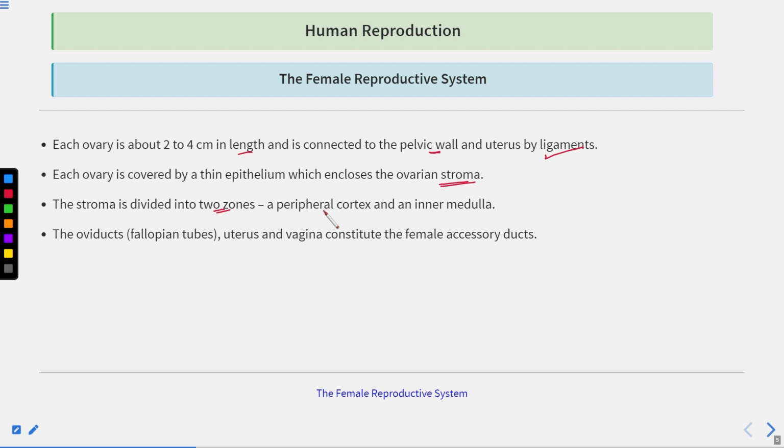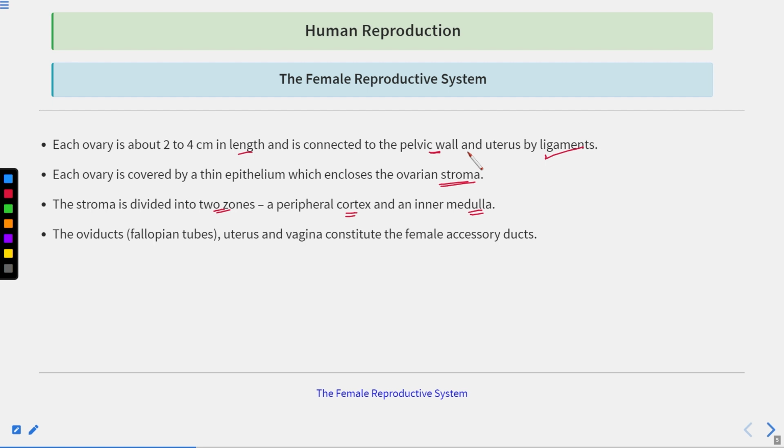The peripheral, meaning the outer region, is known as the cortex, and the inner region is known as the medulla. So always the outer region is the cortex, and the inner region is the medulla. If we talk about the kidneys also, the outer, peripheral region is known as the cortex, and the inner region is known as the medulla.